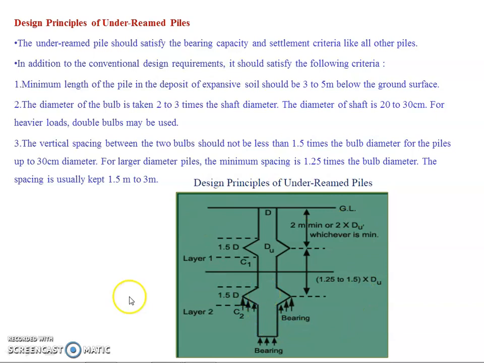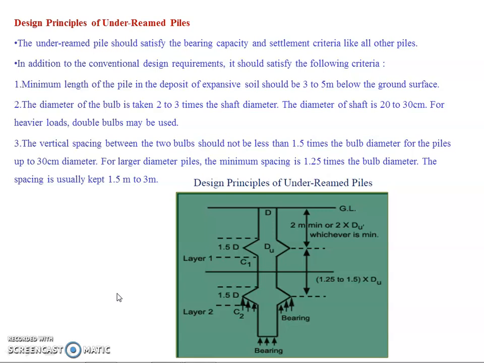So what are the principles? The underream pile should satisfy the bearing capacity and settlement criteria like all piles. In addition to the conventional design requirements, it should satisfy the following criteria. The very first criterion is that the minimum length of the pile in the deposit of expansive soil should be 3 to 5 meters below the ground surface.